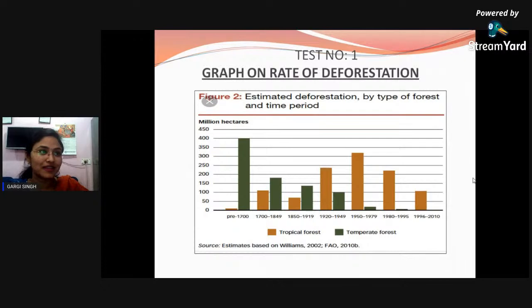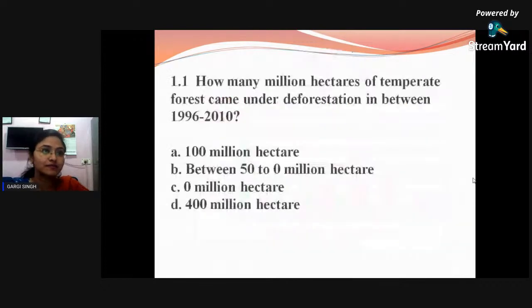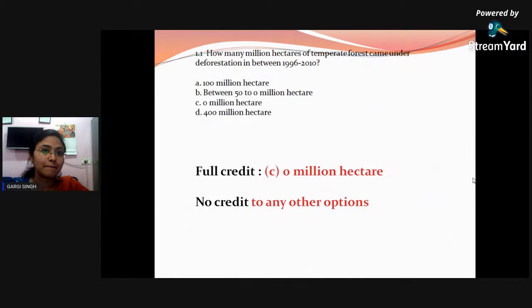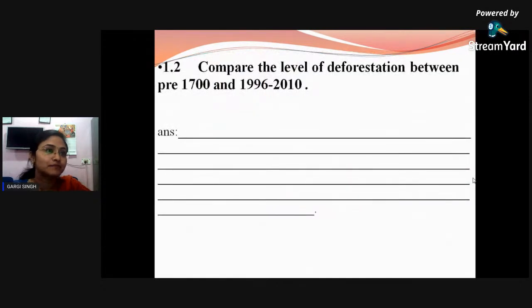Quick. Compare the two graphs. Compare the two data, two time periods, pre-1700 and 1996-2010. The temperate forest deforestation, Chandrani says, and tropical forest increases a little bit. Okay.